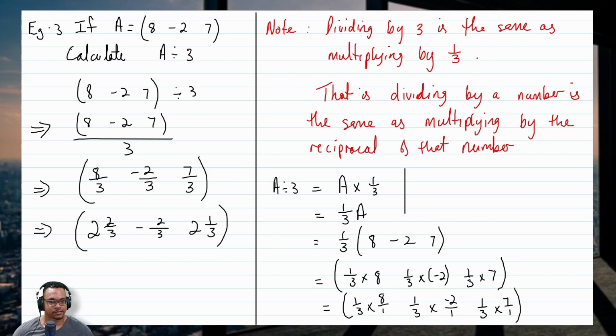I'll put it like this. 1/3 A is equal to 8/3, because nothing would cancel, so you multiply 1 by 8 and 3 by 1 and get 8/3. And then you get the -2.